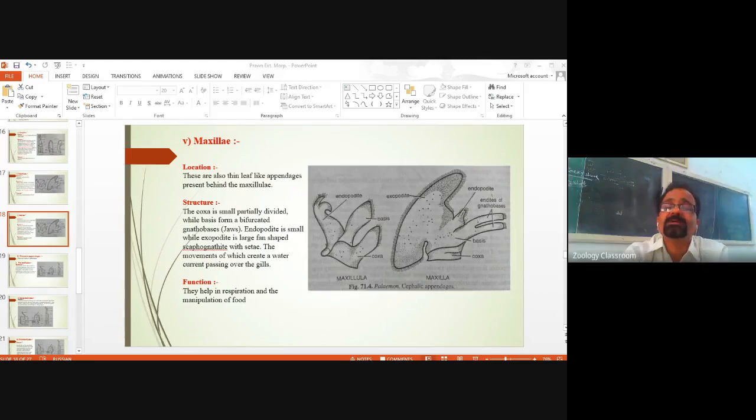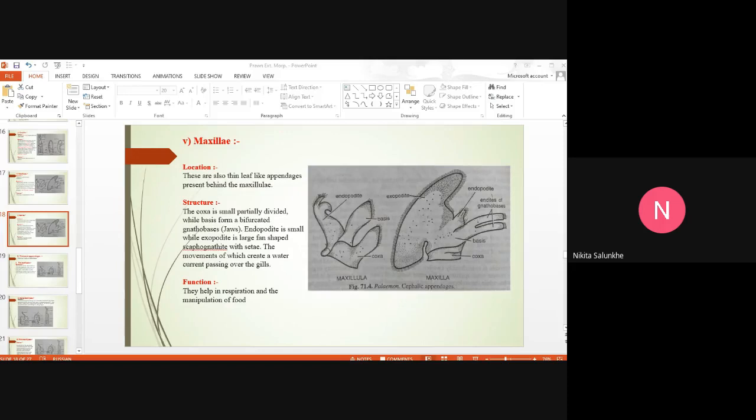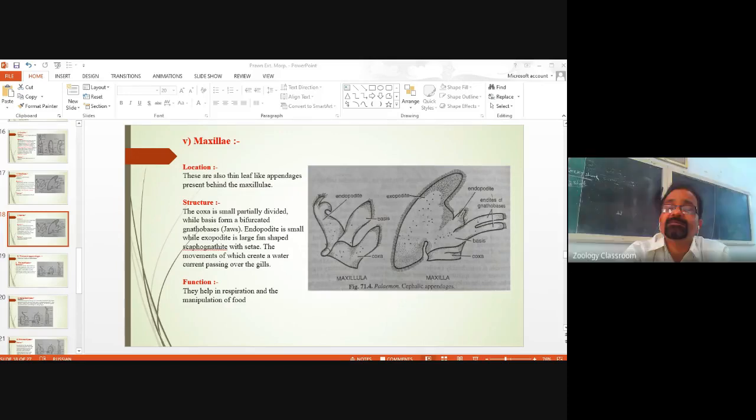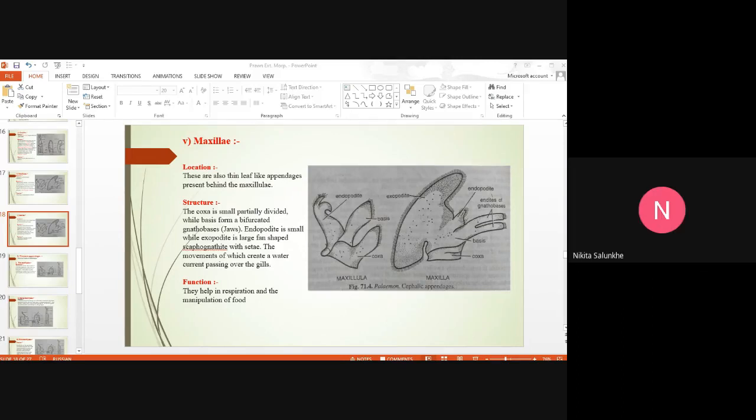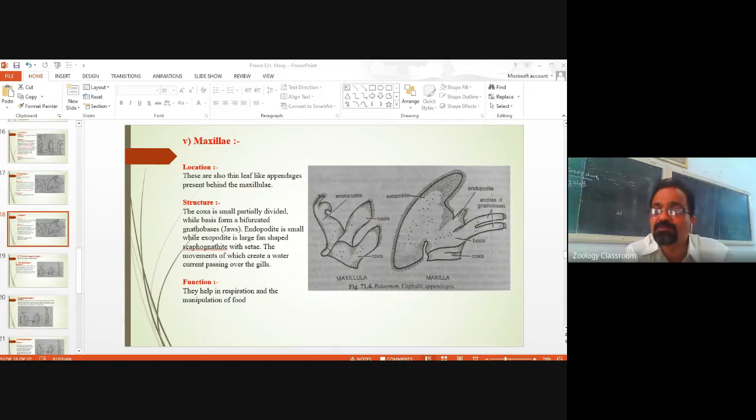When I say an appendage is preoral, it is present anterior to the mouth, or ahead of the mouth, isn't it?